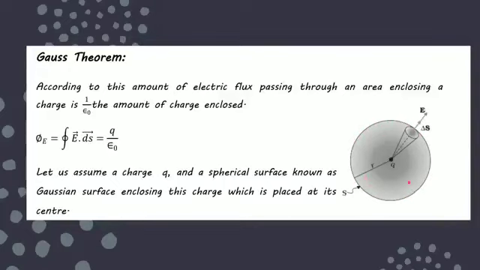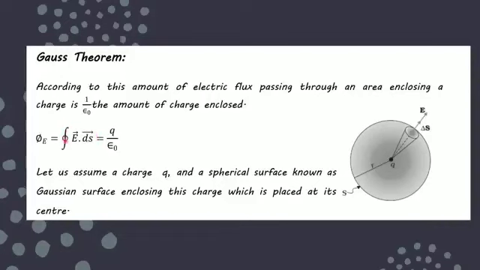Gauss has assumed, for the convenience of calculating things comfortably, that the electric field for the positive charge is in the outward direction. We have already done this. If I take a small area element, this area vector is always normal, perpendicular, and outward. So the flux, by the definition of flux, is given by the surface integral of E dot ds over the given surface.